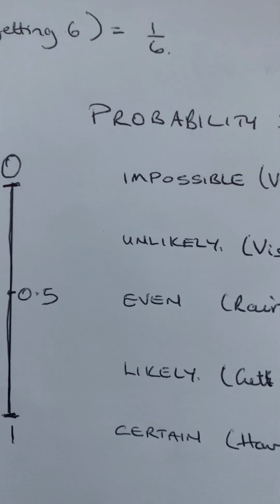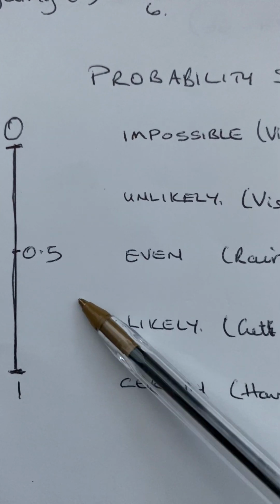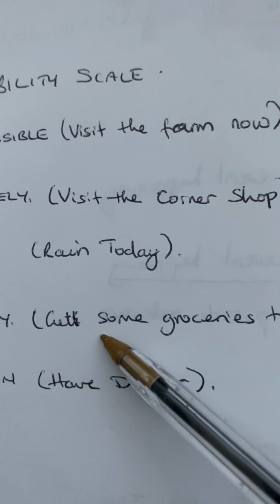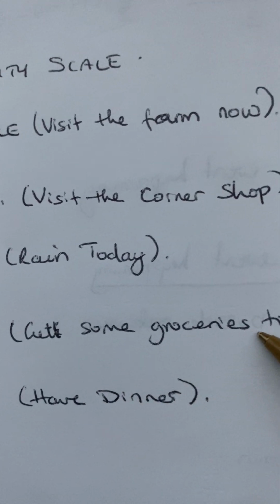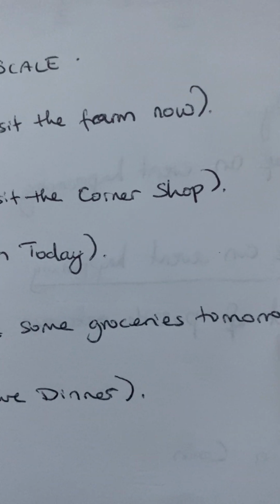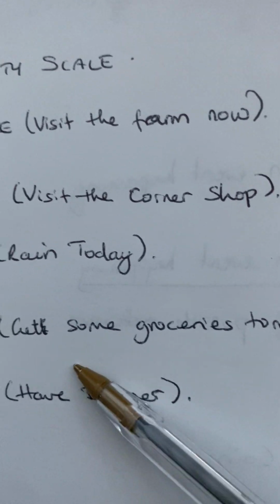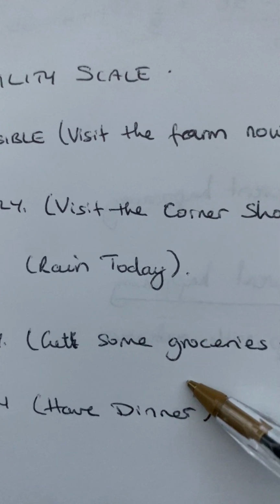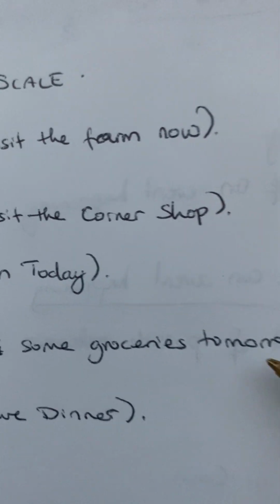I don't know. Now between 0.5 and 1 is likely. So it's likely I might go and get some groceries tomorrow in the shop, but it's likely I might not. If I wake up in the morning and I don't need it, and I don't feel too well, then I might not do that.